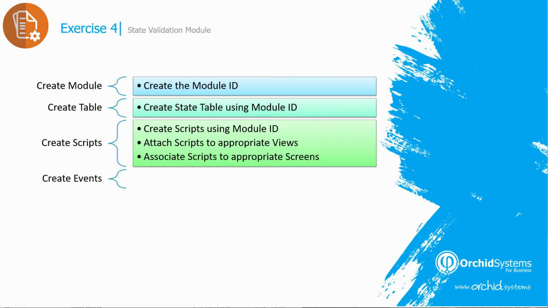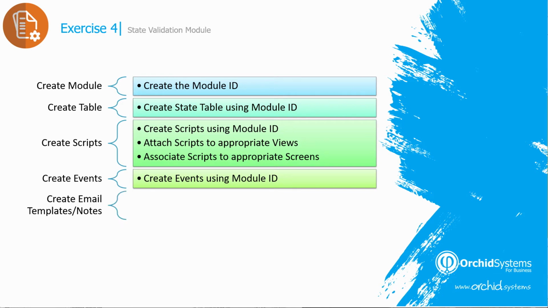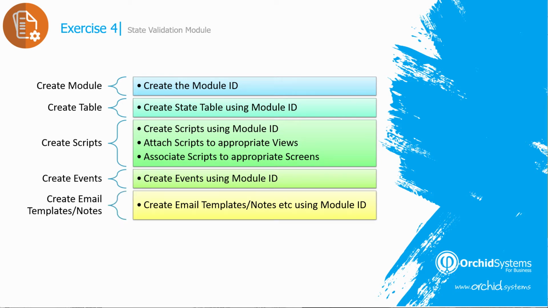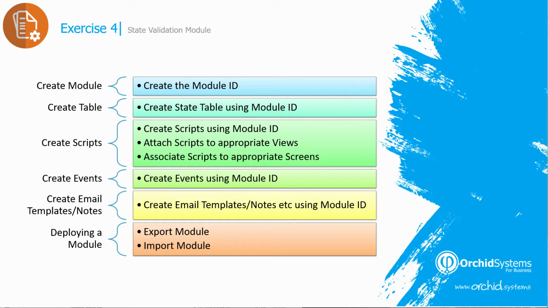And we're also going to have a look at the other objects that can be associated with your modules. And that could be events, for example, logging or sending an email. It could be your email template or your Information Manager note template if you're creating notes in your module. And we'll see how you can deploy a module.